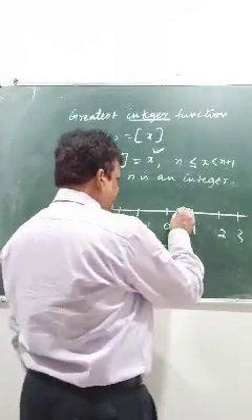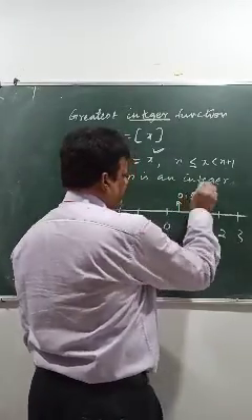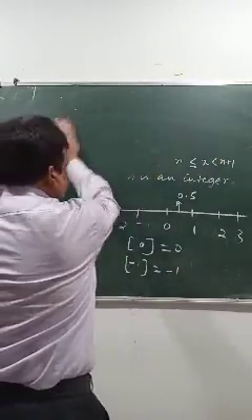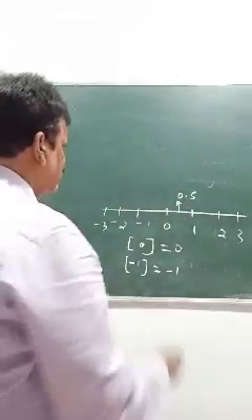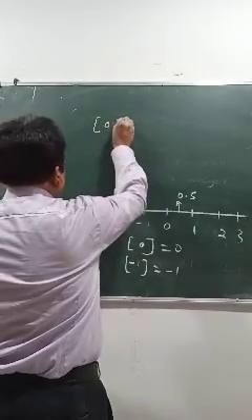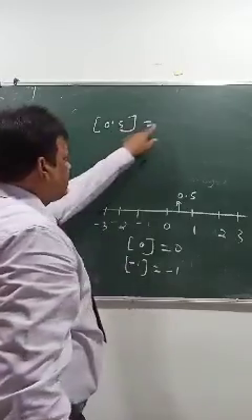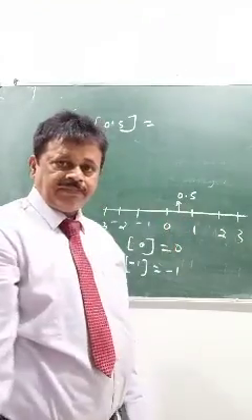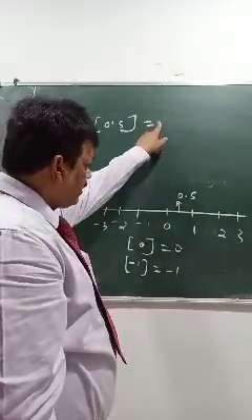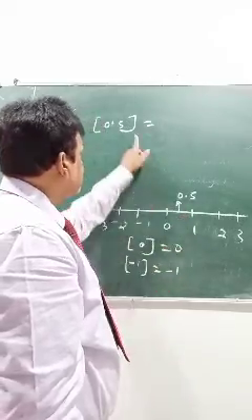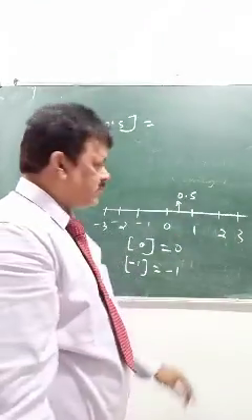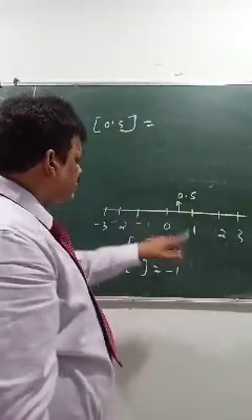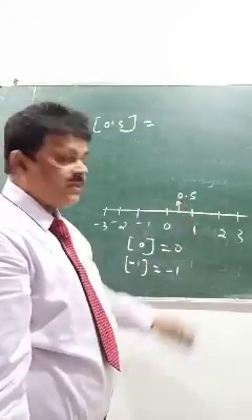But if I pick up 0.5, it lies between 0 and 1, so the outcome can be smaller than this but cannot be bigger than this. So obviously 0 will be smaller than this.